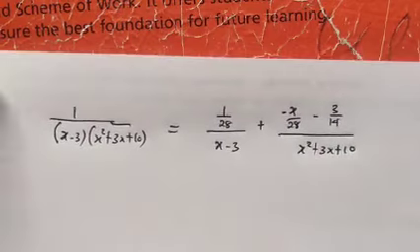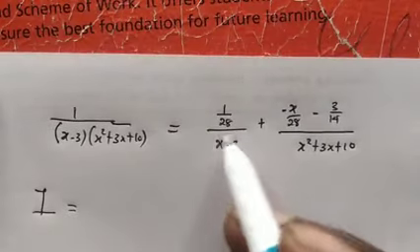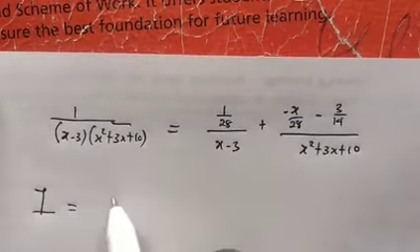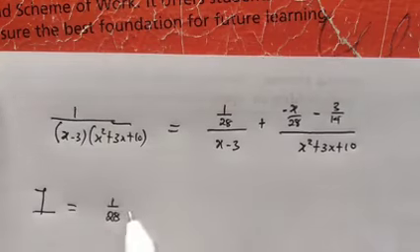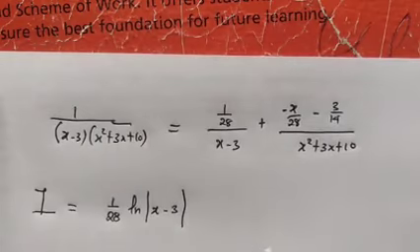So from here, I will be equal to the integral of this. First, the integral of this one here gives us 1/28 times the natural log of x minus 3.